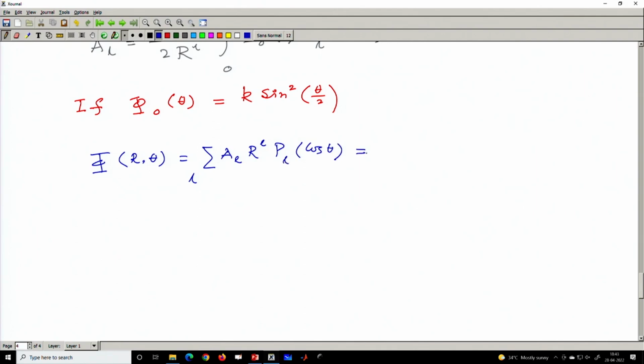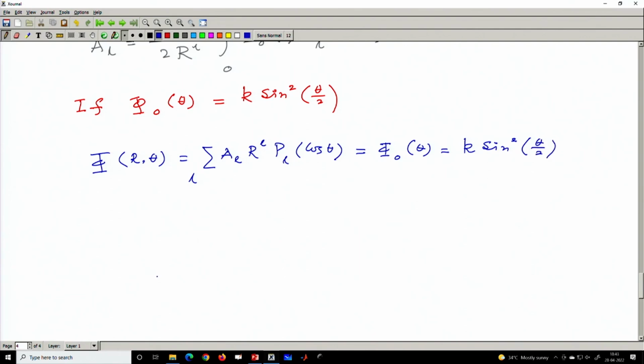That value is now, we know that this was phi 0 theta before, but now I put the explicit form. So, this is k of sine square theta by 2.